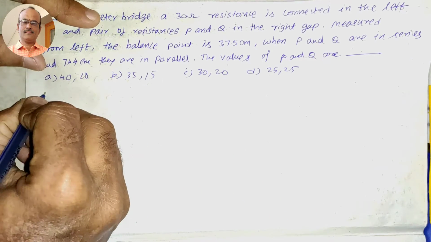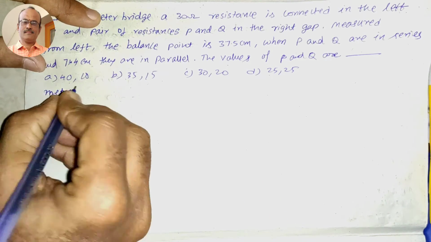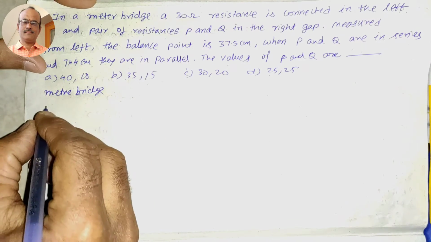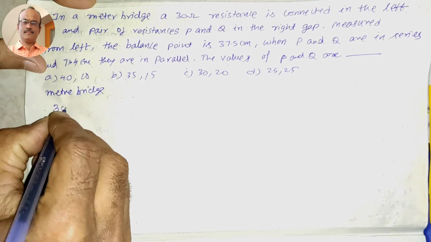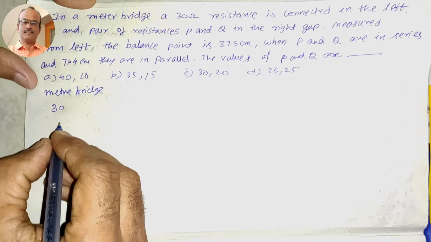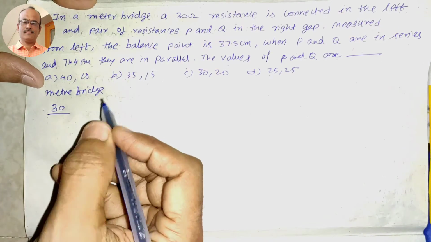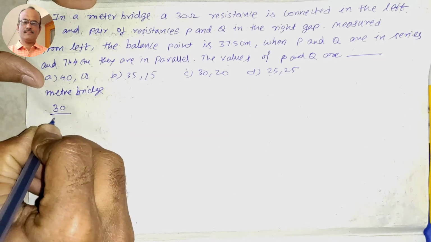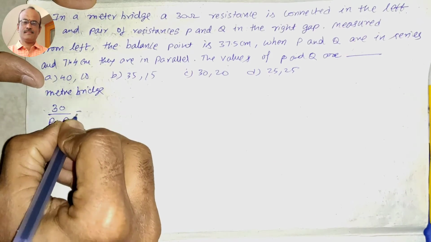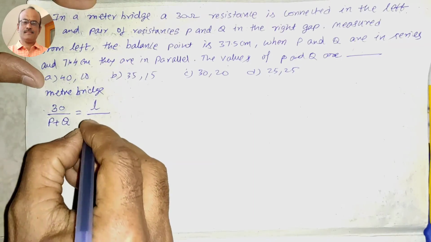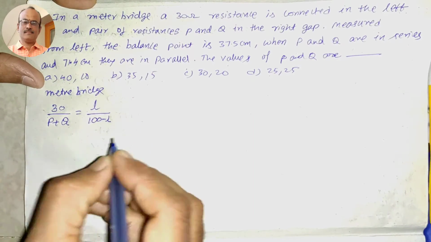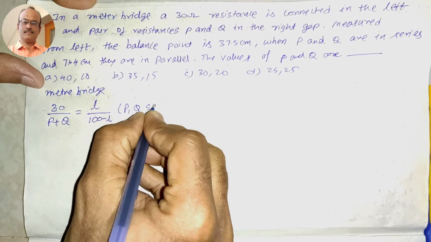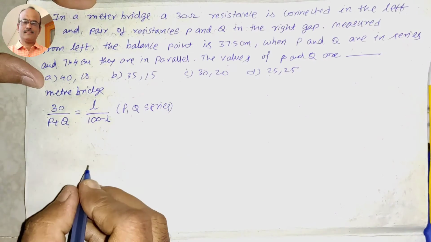So here this is a meter bridge. In a meter bridge, 30 ohms resistance is connected in the left gap, and here P and Q are connected in the right gap, that is, they are in series. So one thing remember here, P and Q are in series.